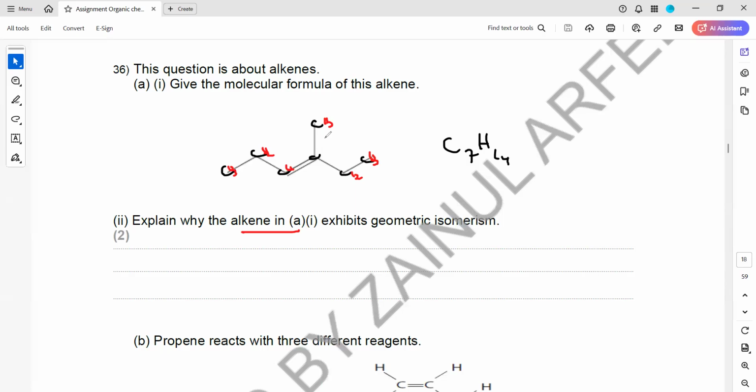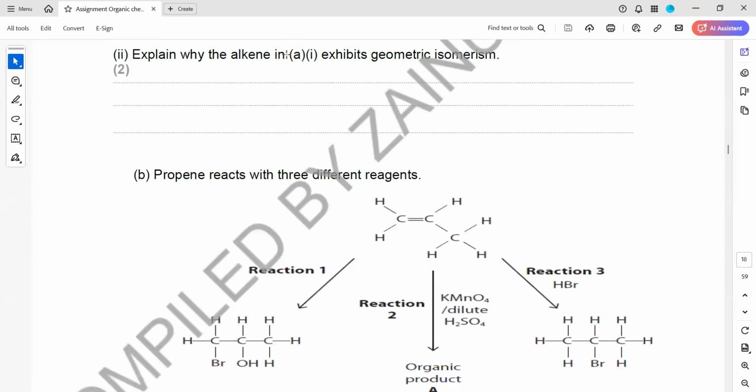That's why it cannot have other possible orientations available. So it will form a geometrical isomer. One mark for mentioning the presence of a carbon-carbon double bond or a pi bond. There is a restricted rotation which results in the formation of geometrical isomers, when two different groups are attached as well.